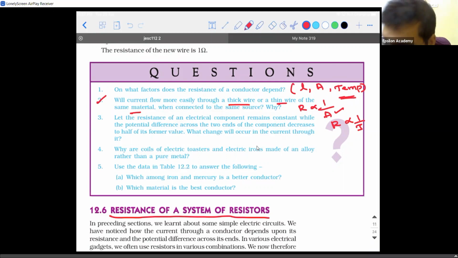So here the logic is resistance is inversely proportional to area of cross section, and resistance is also inversely proportional to current. So more is the area of cross section, lesser is the resistance, and more will be the value of current.